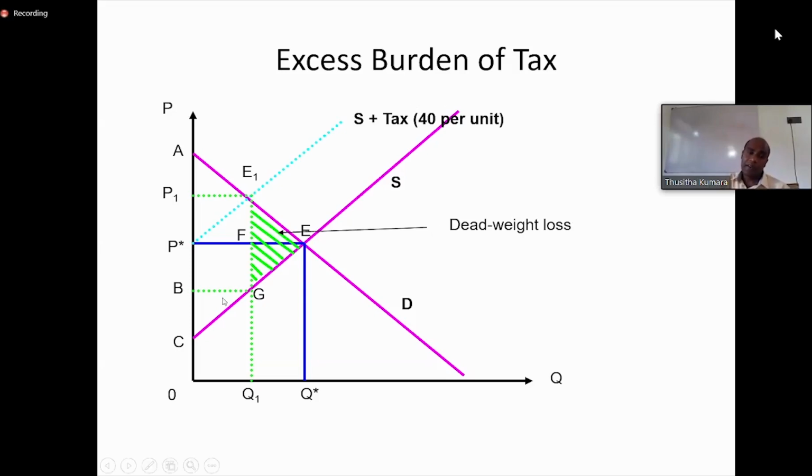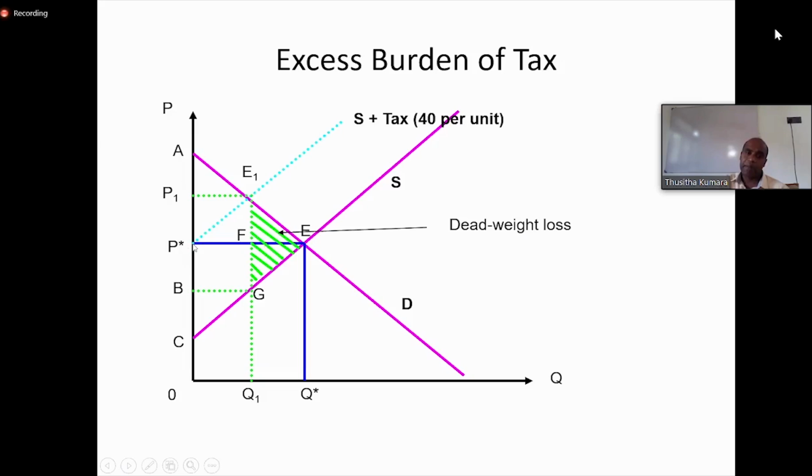So here you take the demand curve like this. This is the demand curve. This is the supply curve. We had the equilibrium P star and Q star. Forget about the tax. If this is the case, what is the consumer surplus? It will be A, E, P star.